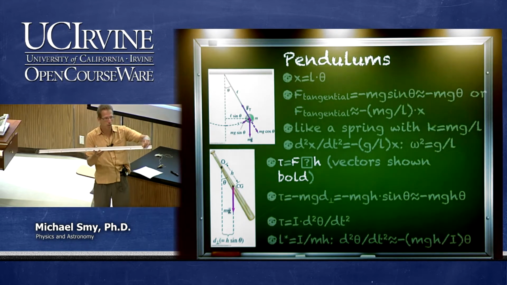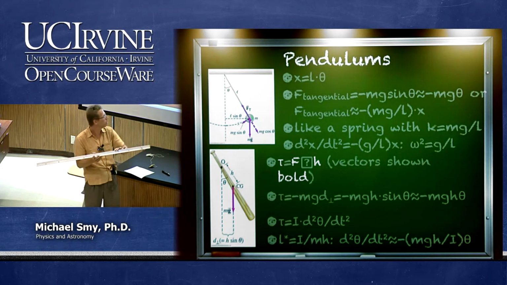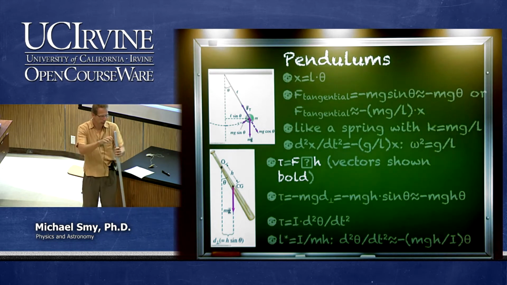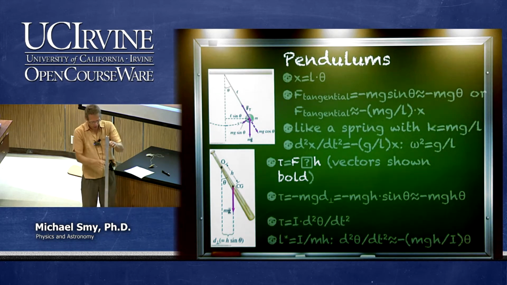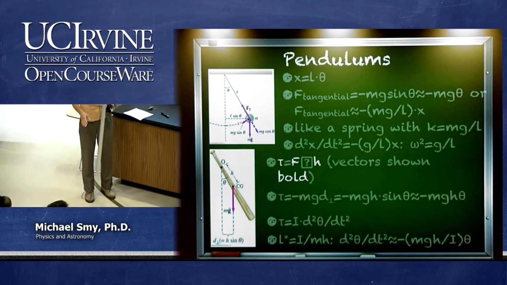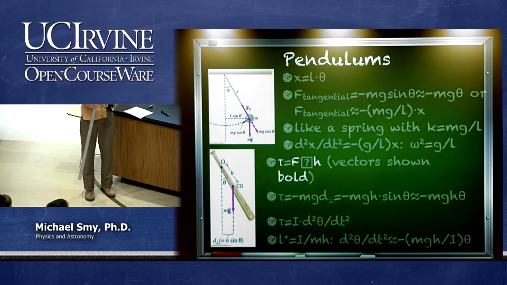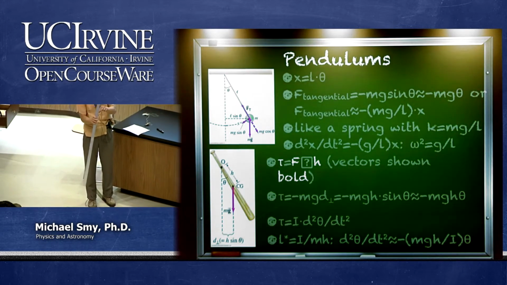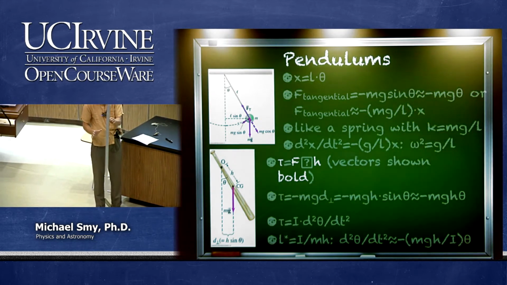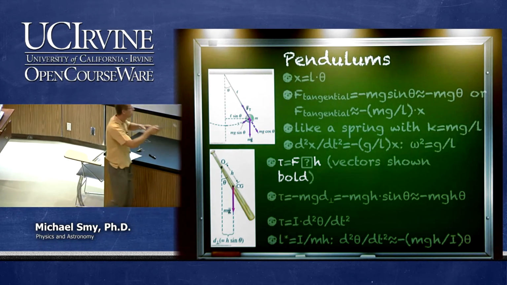It depends not only on the shape of the object but also on how the mass is distributed. So if this part is more dense than that part, then it will change. However, qualitatively, the fact remains that it swings slowly for a long reduced length, and it swings more quickly for a shorter reduced length.